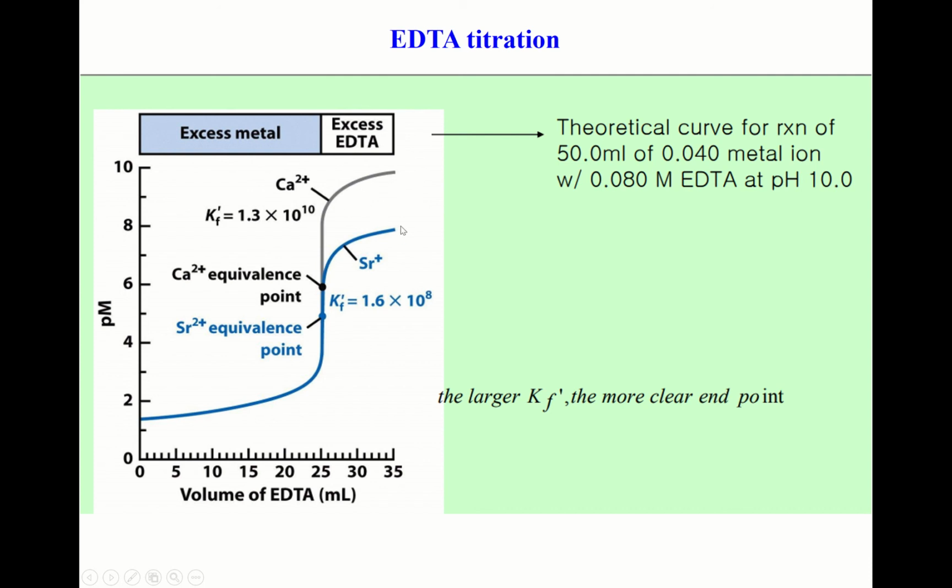But what about different metal ions, like divalent strontium ion here? This is shown in the blue curve, and the only difference is the formation constant. The strontium ion-EDTA formation constant is smaller than that of calcium, but still very large.